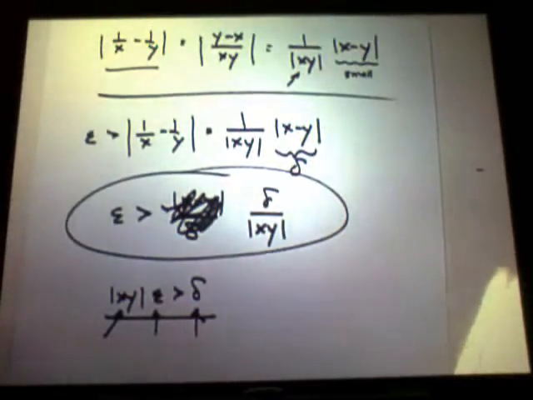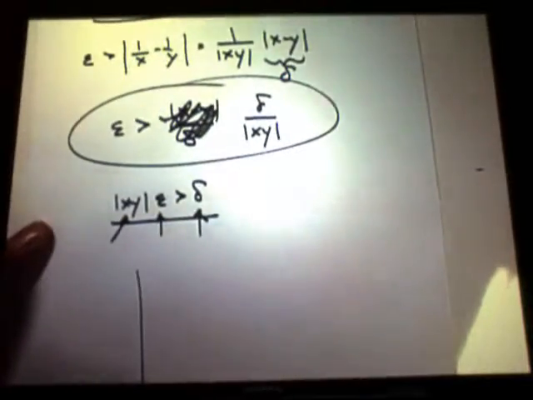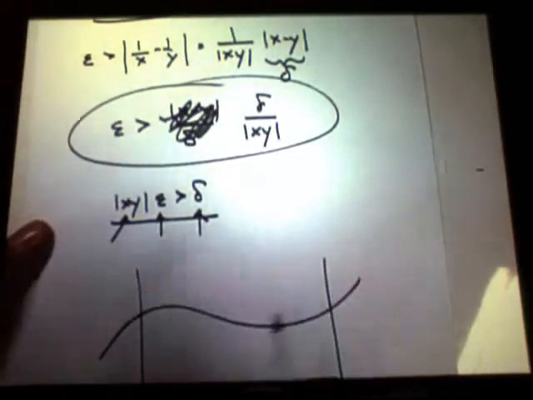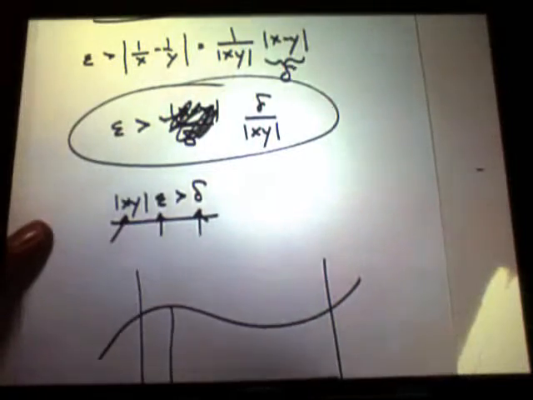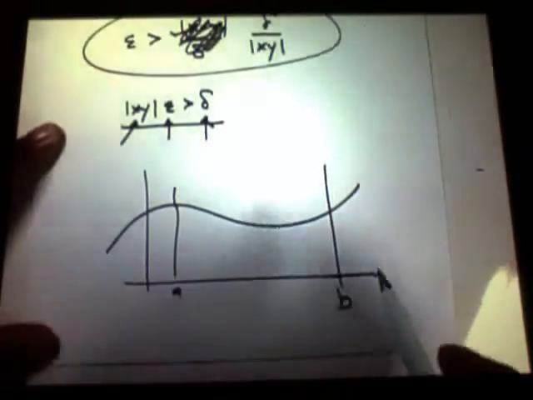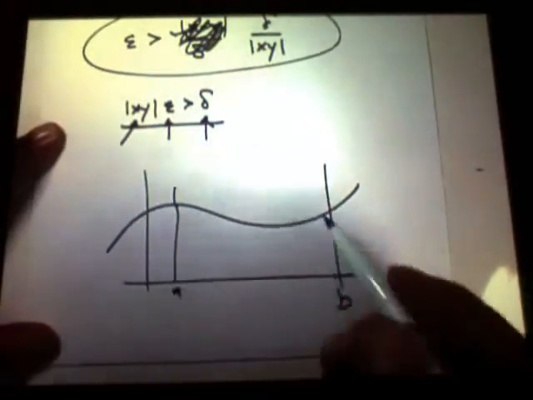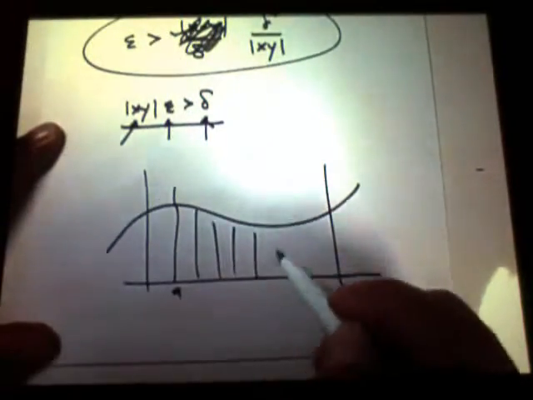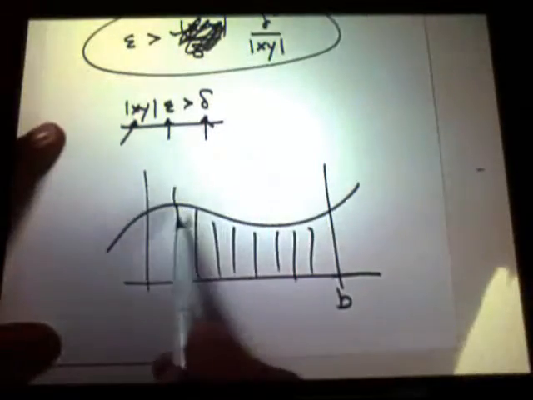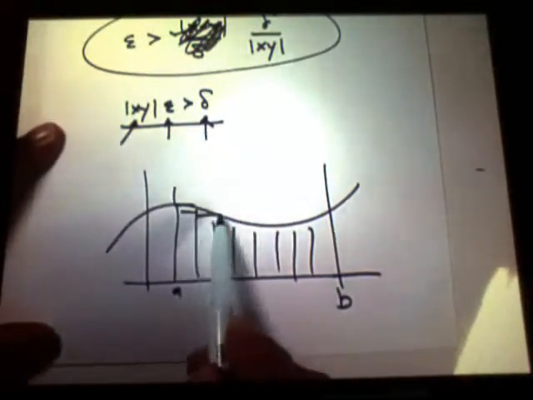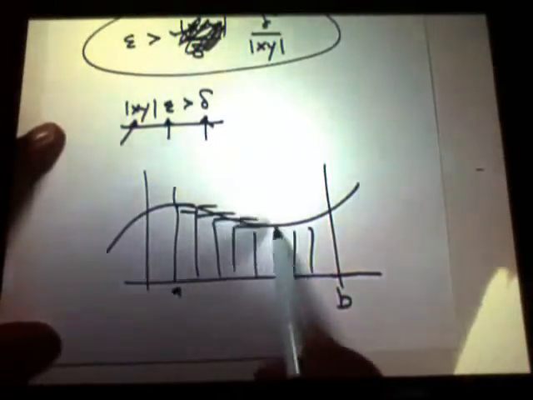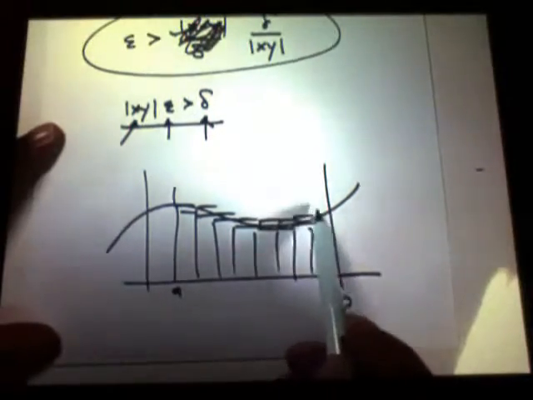Why are we interested in this? This is why. When you do an integral from A to B, say, what I would like to do is have a partition. And then I don't want the error of my rectangular approximation to be too big.